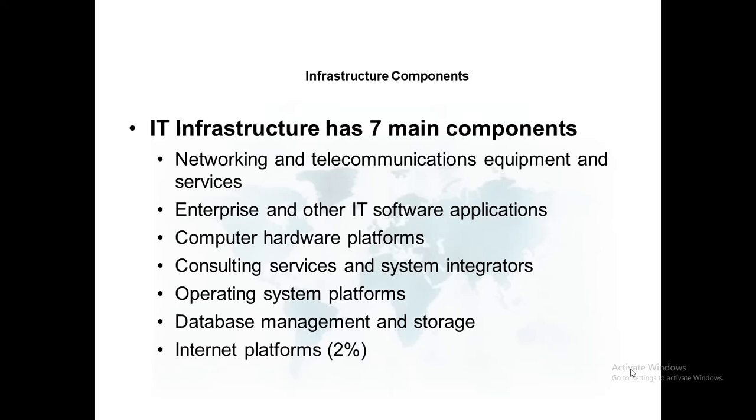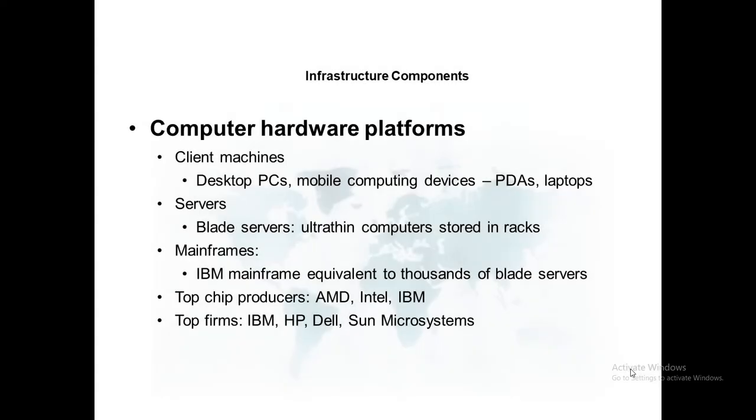These include the networking and telecommunication equipment and services, the enterprise and other IT software applications, then the hardware platforms, the consulting services and IT integrators, the operating system platforms, data management and storage, and the internet platforms. So we are going to be looking at them one by one, starting with the computer hardware platforms.